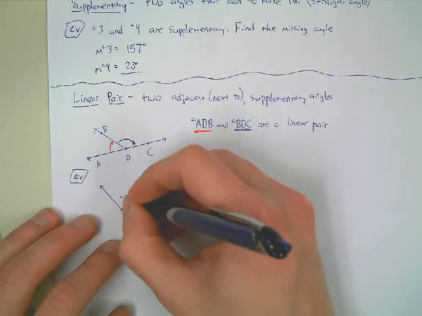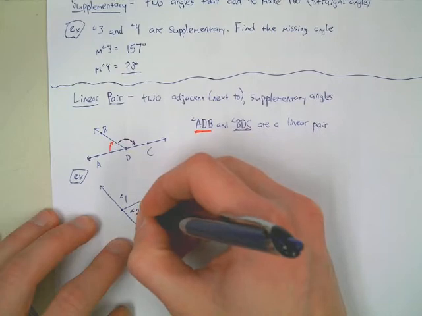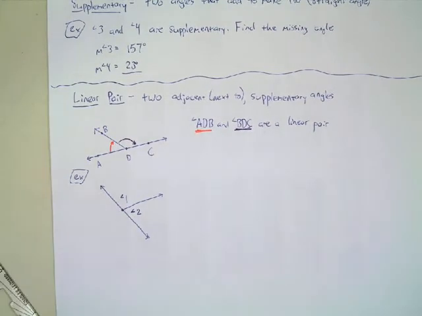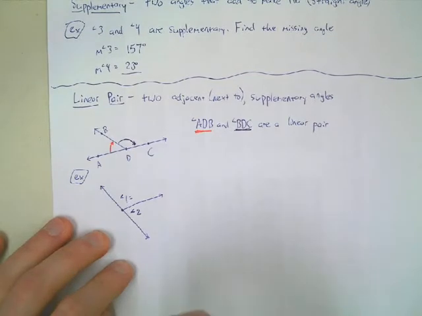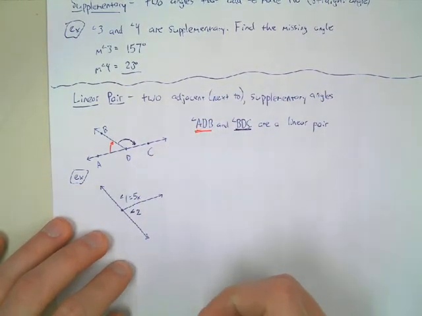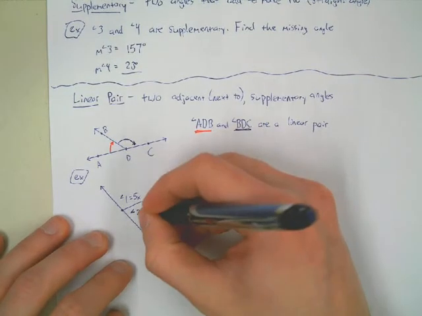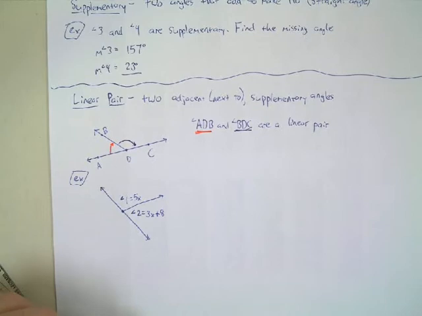I'm not going to put any letters or anything like that. We'll just call them angle 1 and angle 2. I'll say that angle 1 is equal to 5x degrees, and angle 2 is equal to 3x plus 8.